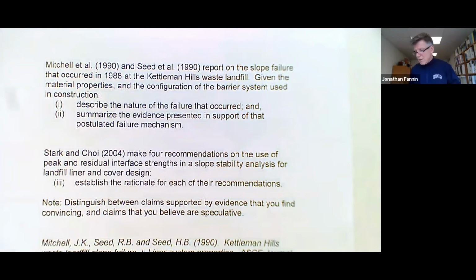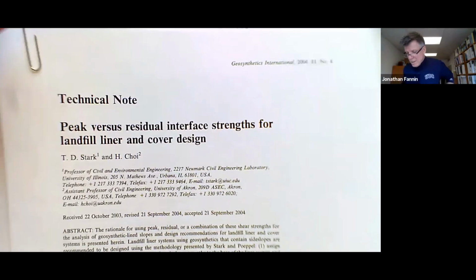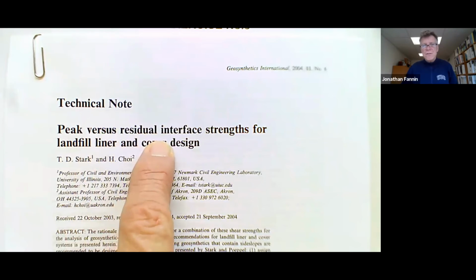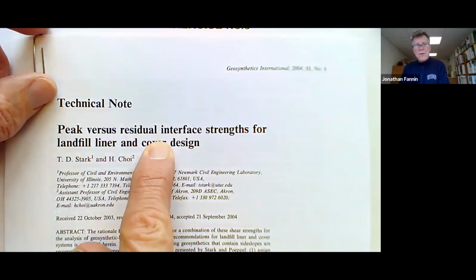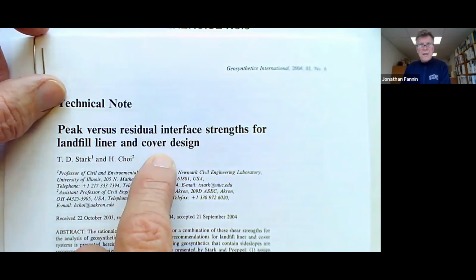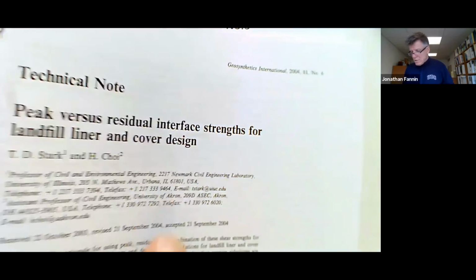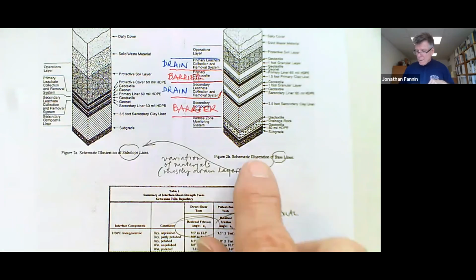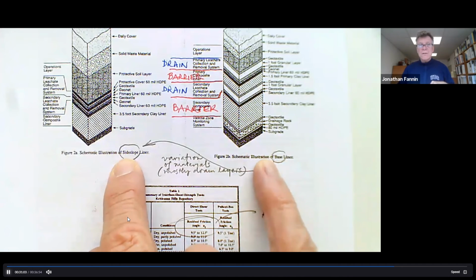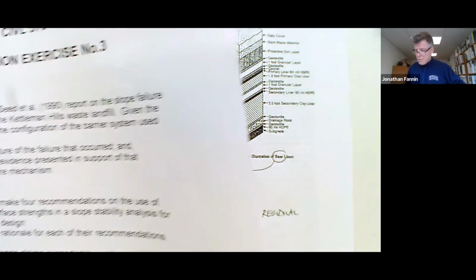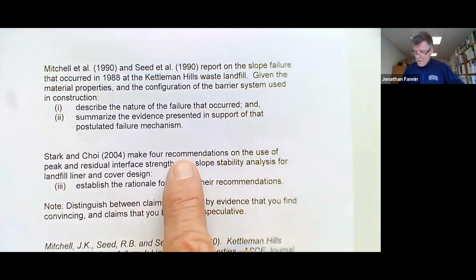So let's turn to this technical note here: peak versus residual interface strengths for landfill liner and cover design. Now that begs the question whether we're looking at basal and side slope liners, or whether we're looking at a cover, or also including a cover going over the top. And they make 4 recommendations.